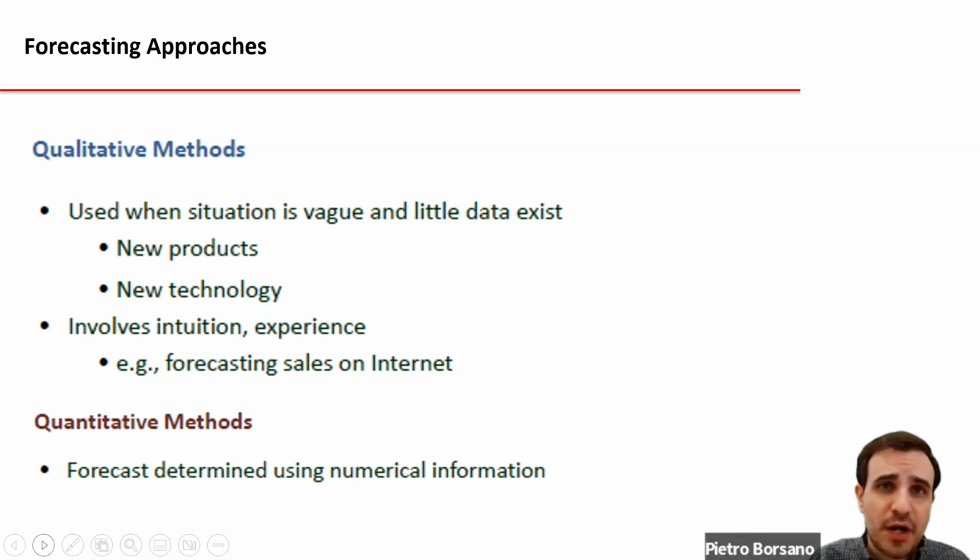So for new products, new innovations, new technologies, we use qualitative methodology. In all the other cases, we can use quantitative methodology, which means that these are forecasts determined using numerical information. In some circumstances, we can combine both. We can have some qualitative forecasts supported by quantitative forecasts.